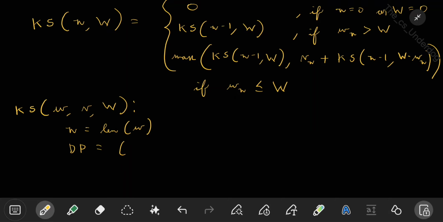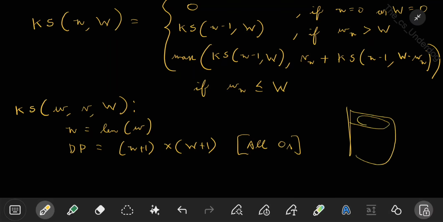So dp, this is an n plus 1 cross W plus 1 matrix. This matrix is important, and initially you will have all zeros in the matrix. You will initialize this matrix with all zeros. Or if you simply initialize the first row and first column with 0, or only the first row with 0, that will also do.